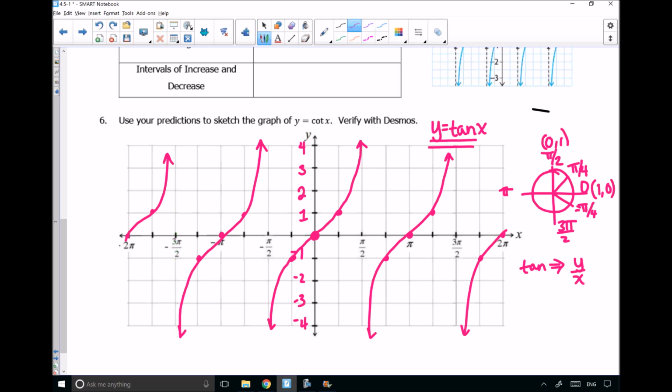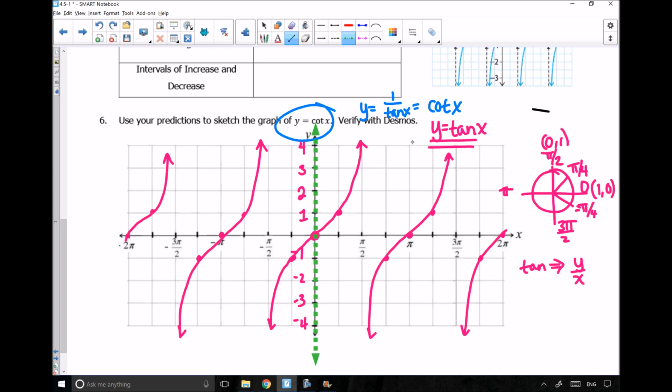So remember, cotangent, I will do this in blue, is 1 over tangent. So we know that we're going to have our asymptotes occurring where the zeros are for my original function. So we'll have an asymptote here, and another asymptote here.